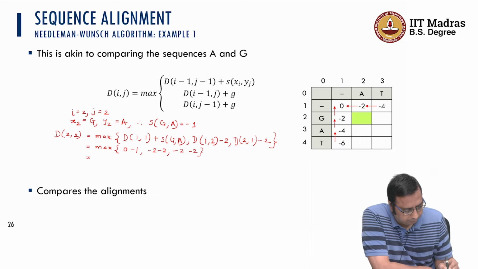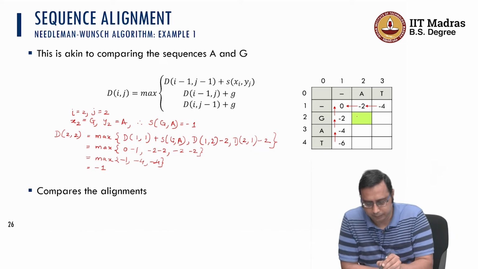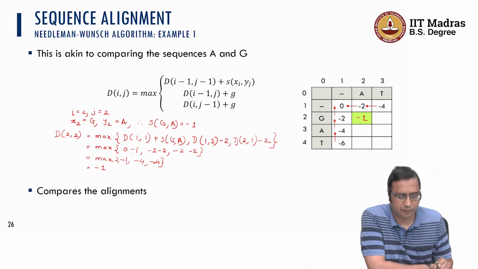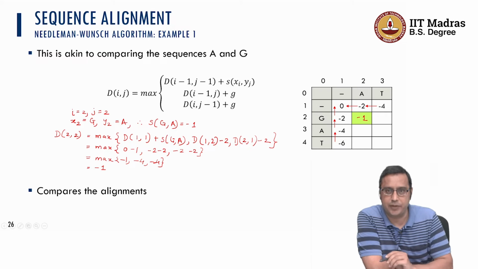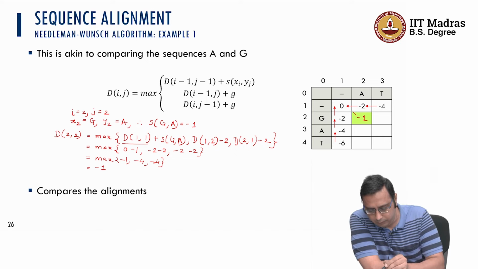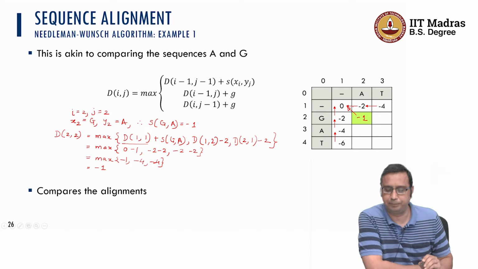So we get max of -1, -4, -4. The answer is -1. So here the element is -1, and if you look at it, we have compared three scores: one derived from this element, one from this element, and one from this element. And we chose the one which came from this cell. So the arrow will be in this direction.